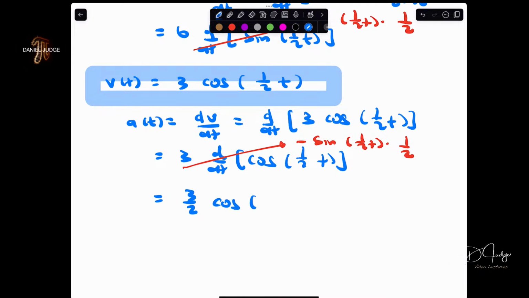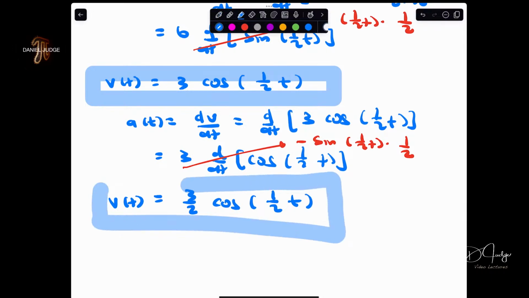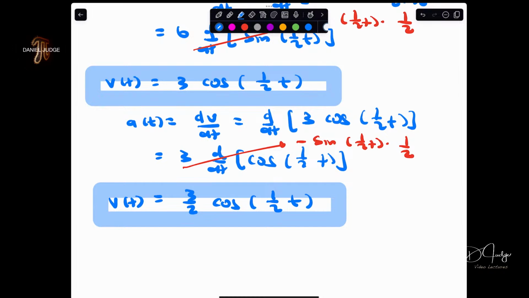Yeah, cosine of 1/2 t. And that's minus sine. There you go. This is minus sine, ladies and gentlemen. Okay, kind of late.